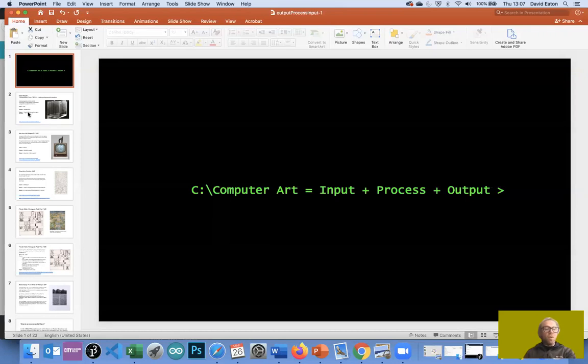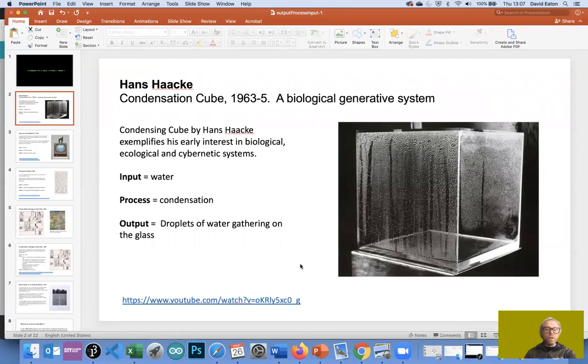So let's start with an example, the first slide. Hans Haacke's Condensation Cube, made in the 1960s, which really does embrace ideas of biological, ecological systems, and of course very much cybernetics, because there is a continual feedback process going on, and it's very simply a cube that is condensing water.